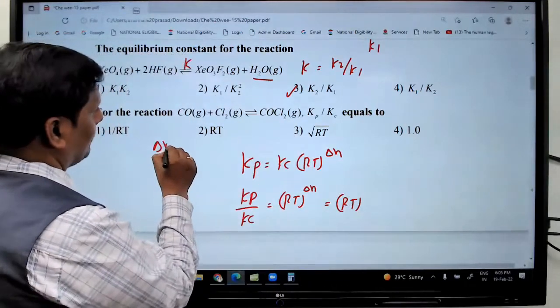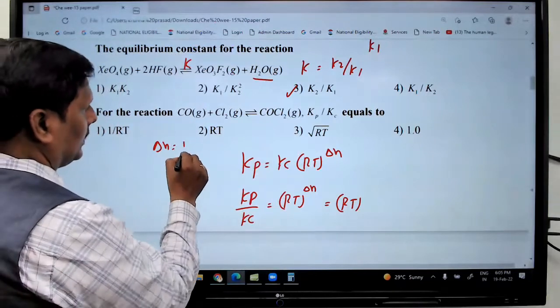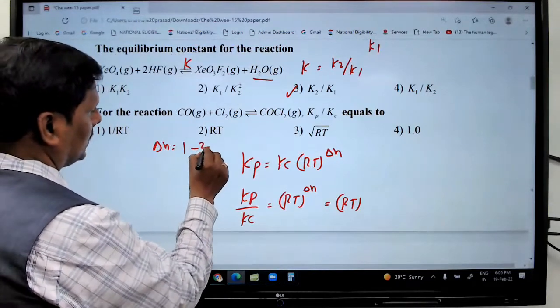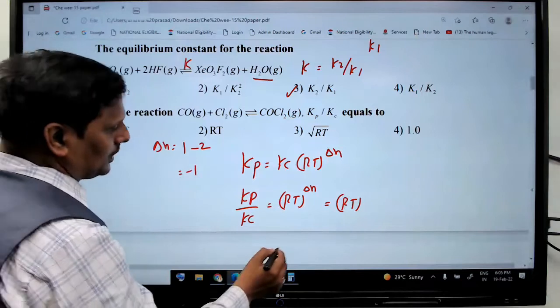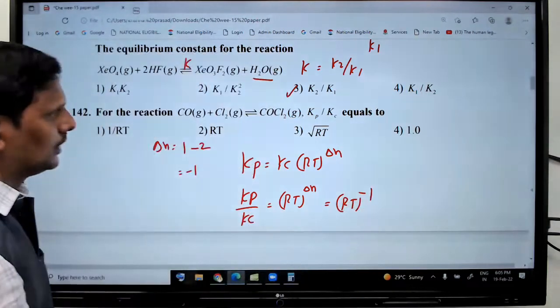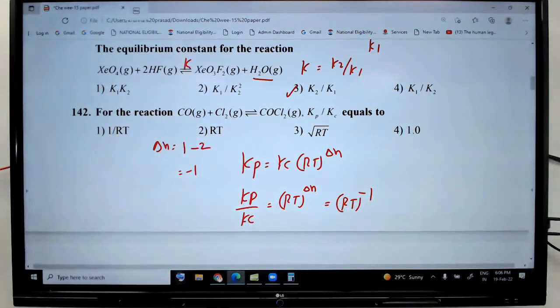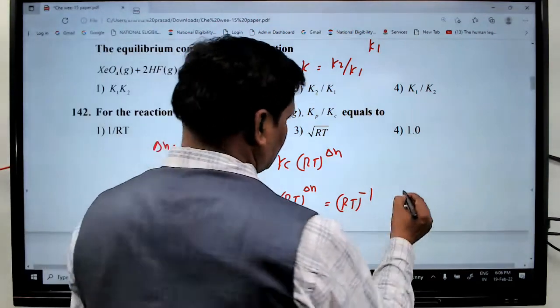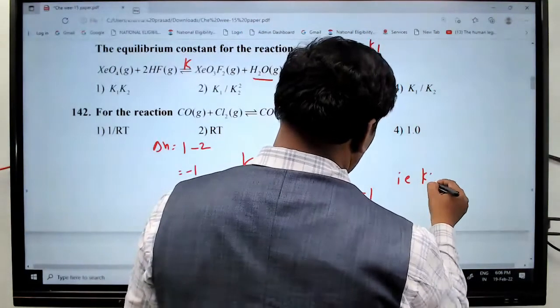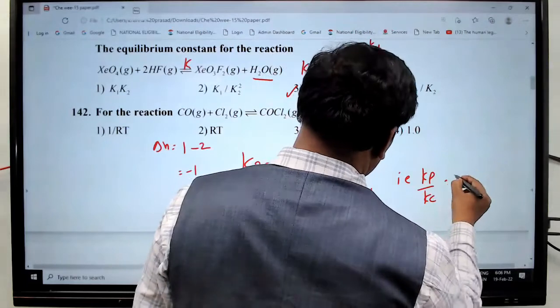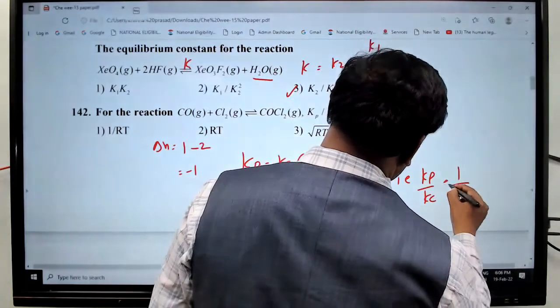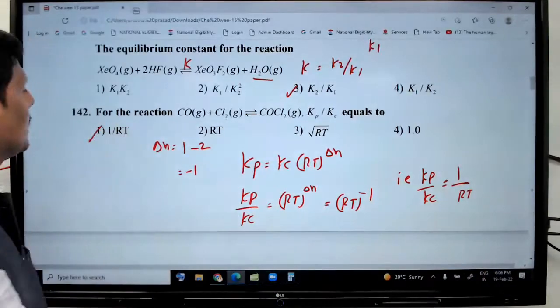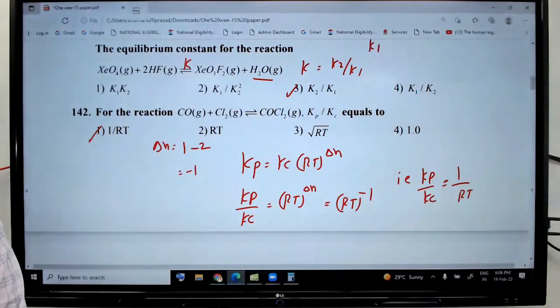For this reaction, the number of moles of gaseous products is 1 and of gaseous reactants is 2, so delta n is equal to minus 1. So Kp by Kc is equal to 1 by RT. So the first option is correct for question 142. Okay, this is question number 142.